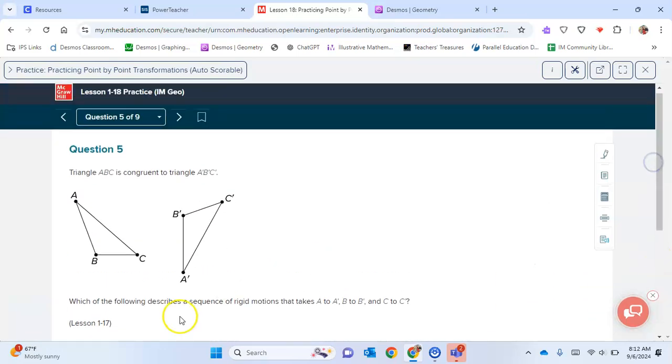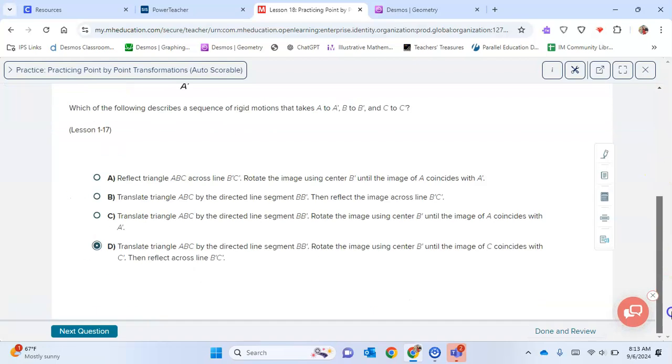So we are going to move B to B prime, then rotate about point B until C coincides, and then we reflect it across this line.